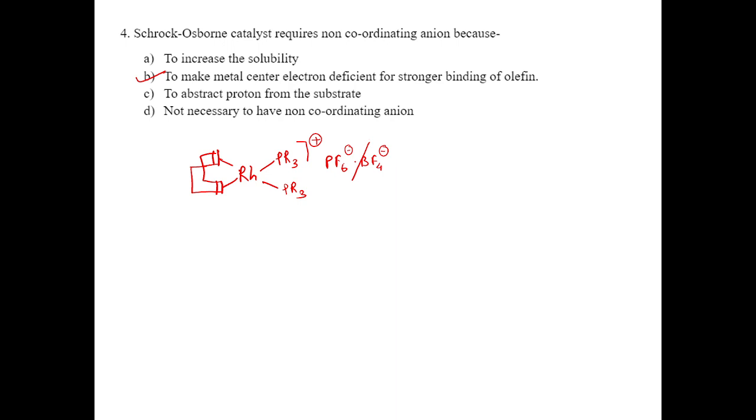If the metal center is less electron dense, it will pull more electron density from the olefin, so the binding of olefin and metal will be much stronger. Because of that, this type of non-coordinating anion was used. So B is the correct answer.